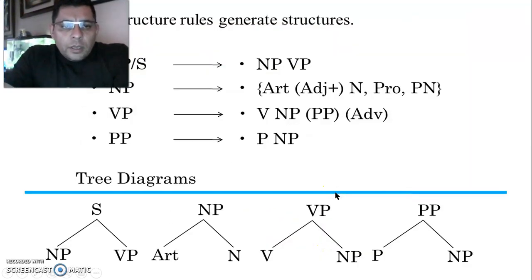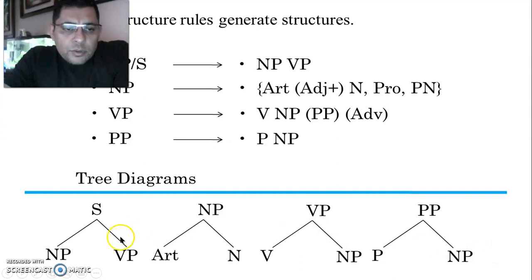Now, what else do we need to know? These are the diagrams that we're going to be using for analyzing our trees. Something very key in this presentation is that our trees must be in the same line.